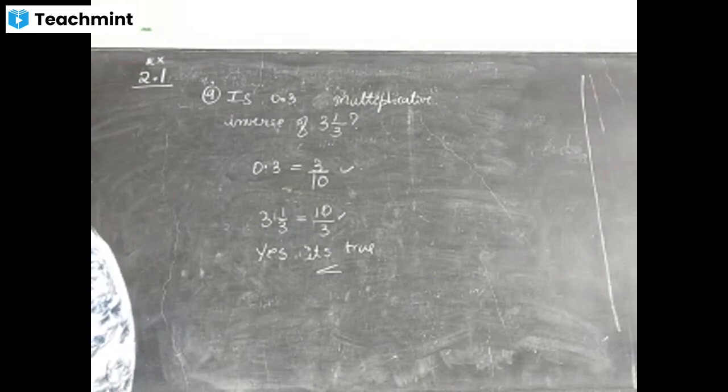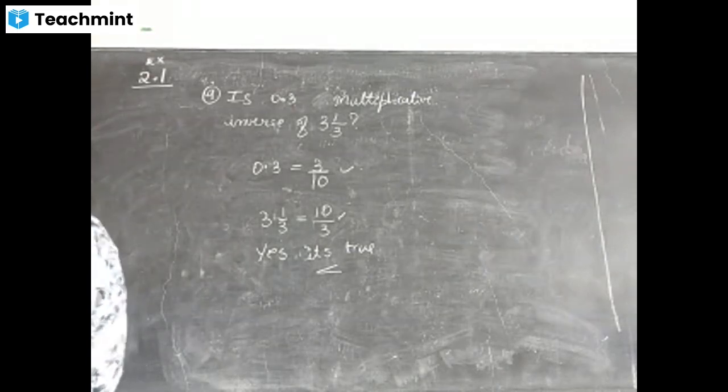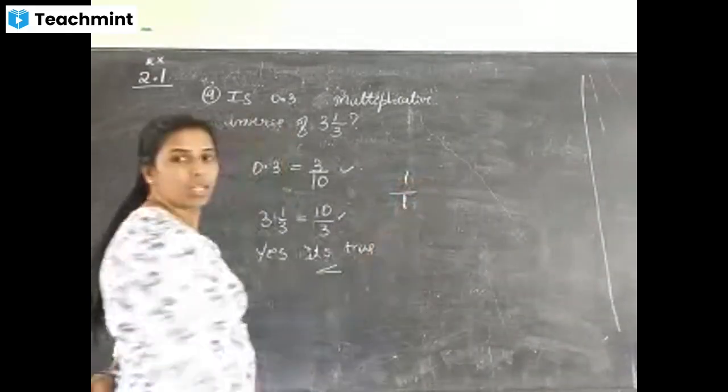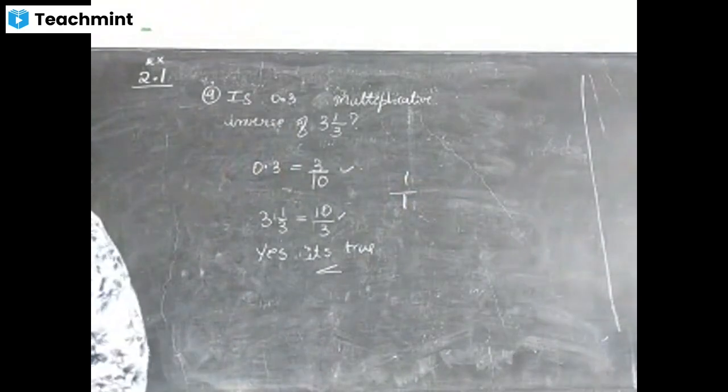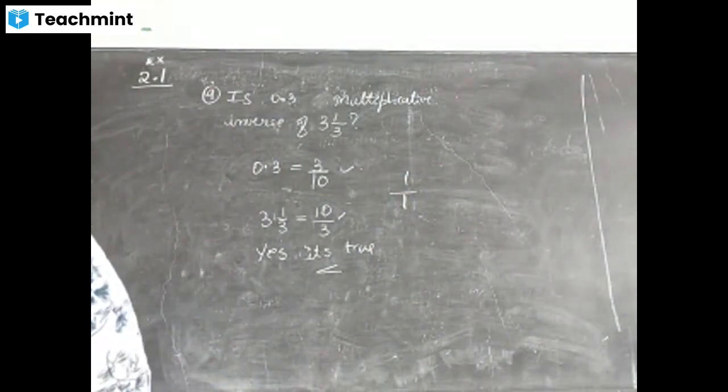Okay, the answer is 0. Next, the rational number that is equal to its reciprocal. Which? One number I have to write. The answer is 1.